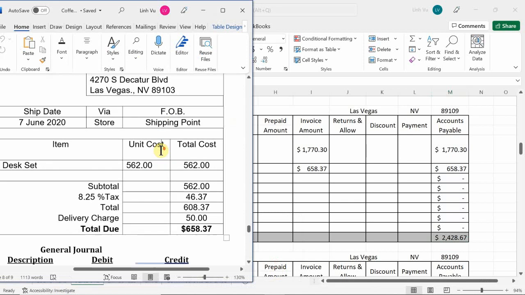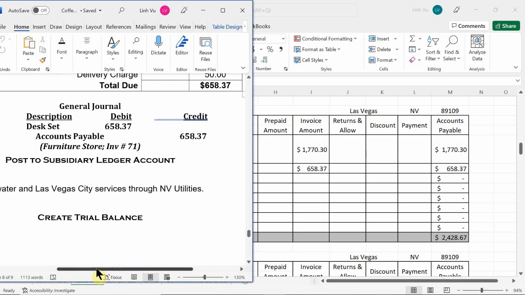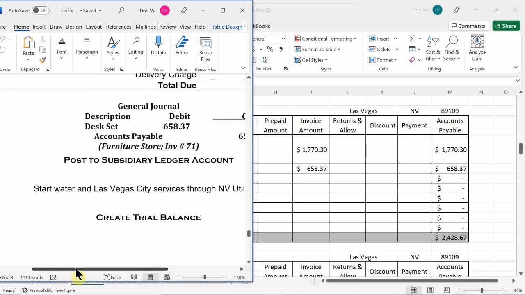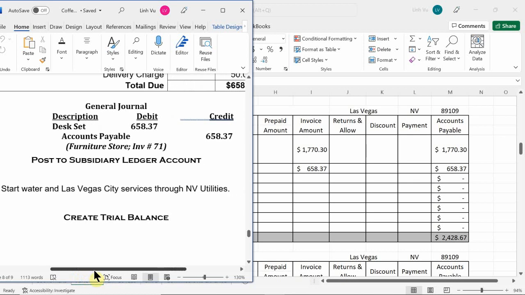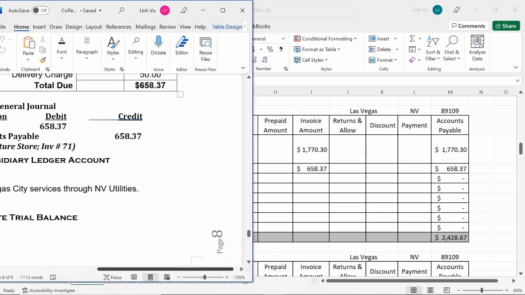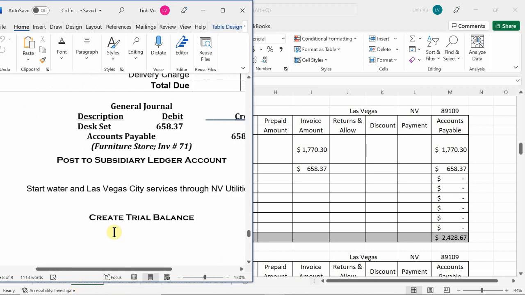Okay, all right, so now that we received our furniture, we received our desk set, let's see what else has happened next. Last thing that I have here is start water and Las Vegas City services through Nevada Utilities. So in this case, what does this piece of information tell us?